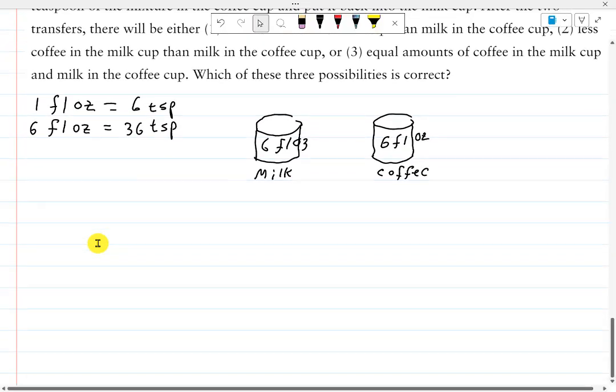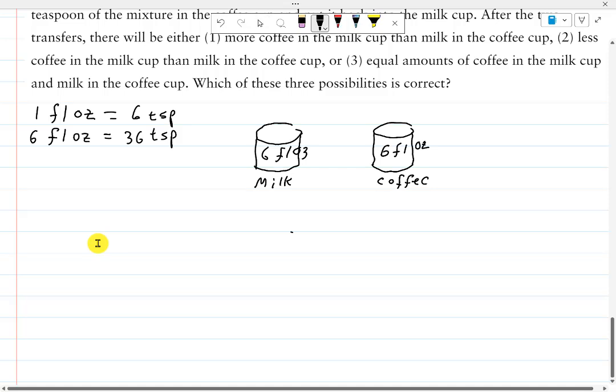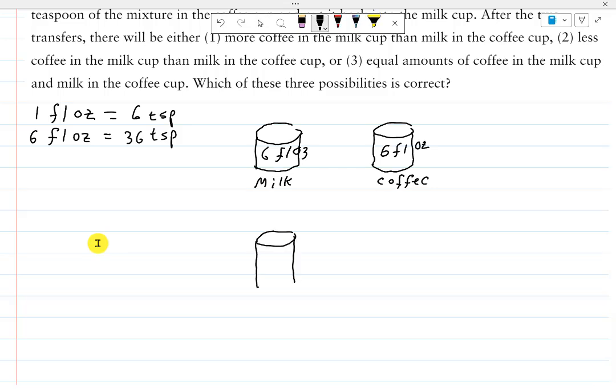So let me redraw these cups in teaspoons because that'll be easier to work with. So we have 36 TSP milk. And over here, 36 TSP, and that'll be coffee.